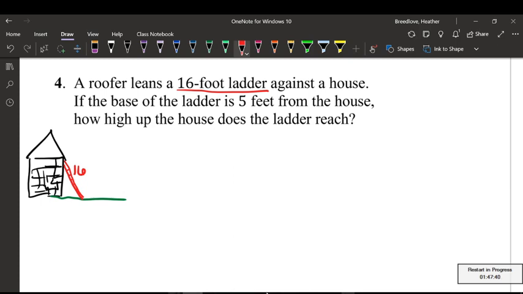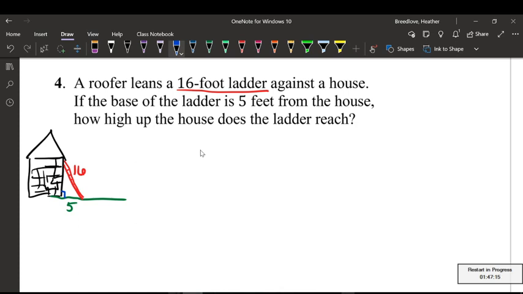If the base of the ladder is 5 feet from the house, okay, so down here is 5, because it's 5 feet from the house, how high up the house does the ladder reach? So that's what we're looking for. And so we're assuming that this is a straight house, so that should be a 90-degree angle between the house and the ground.